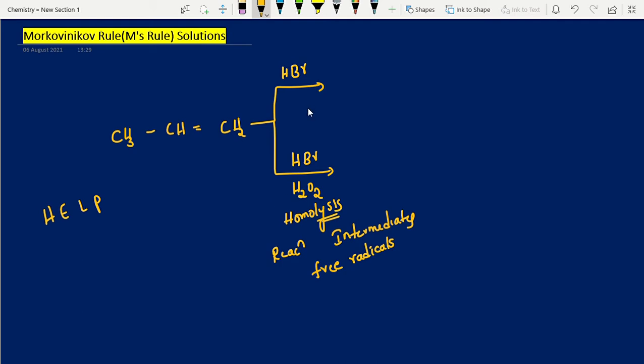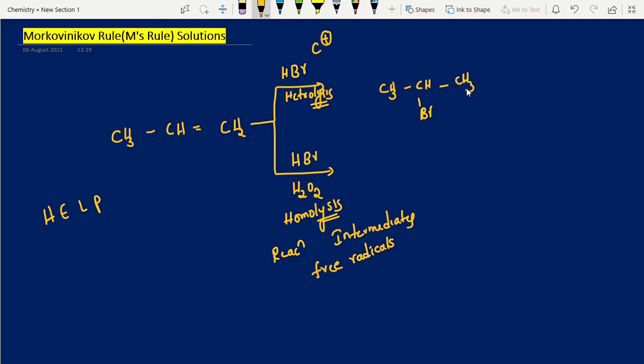Now, this is the absence of peroxide, and this is the presence of peroxide. Absence of peroxide means it follows heterolysis. So your reaction intermediate is carbocation. CH3, CHBr, CH3.